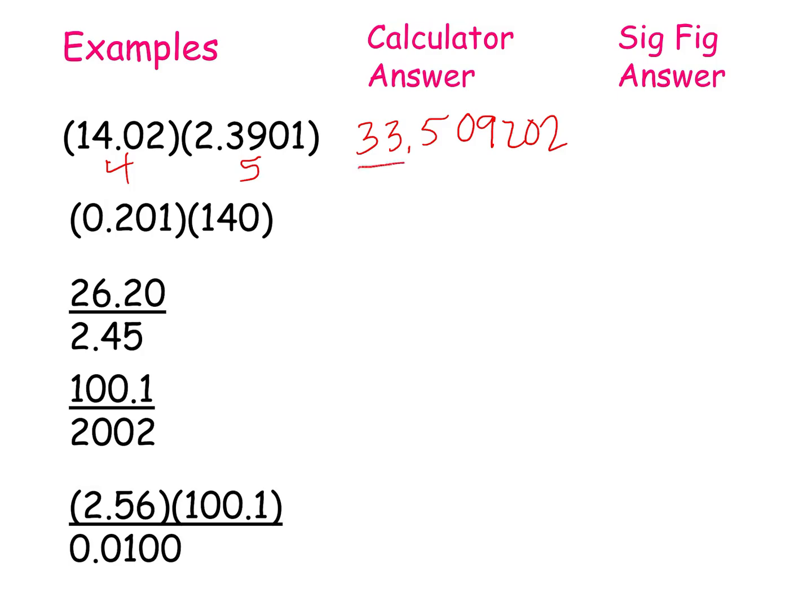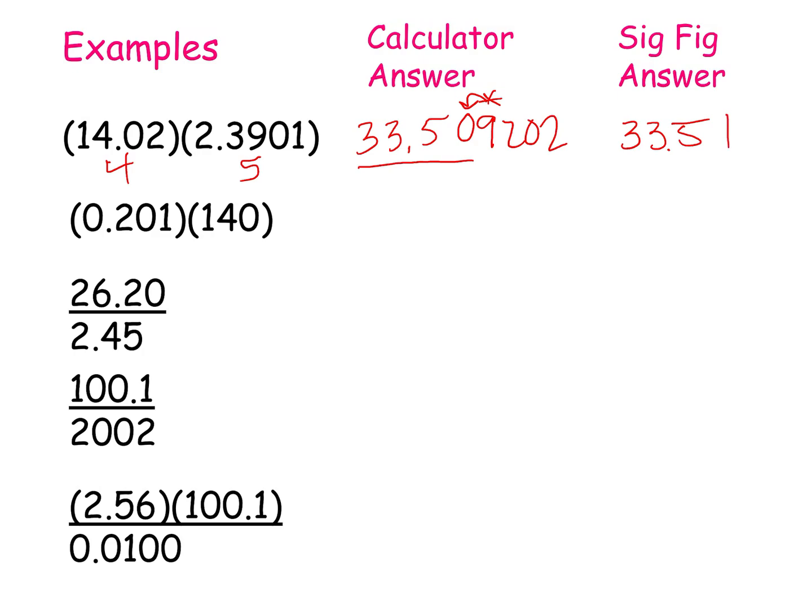So here they are, 33.50. Before we write that down for our answer, I have to look one beyond. Is this 9 going to round that 0 up? Yes. Maybe you remember that phrase, 5 and above, give it a shove. So that final answer becomes 33.51. The 9 rounds it up.